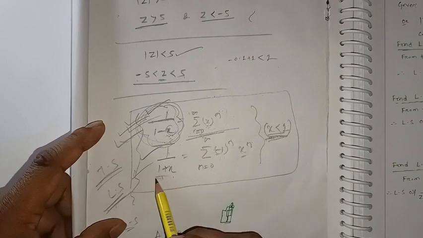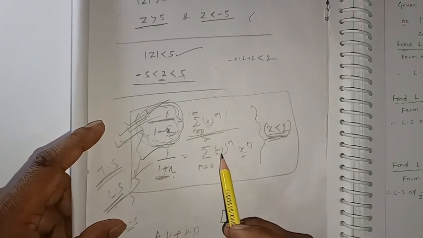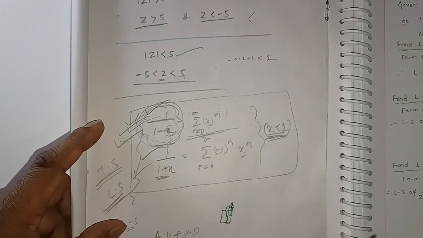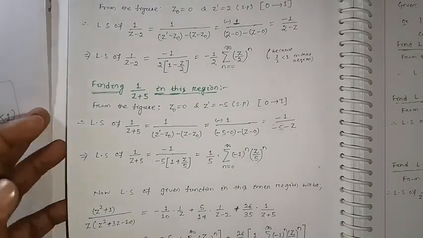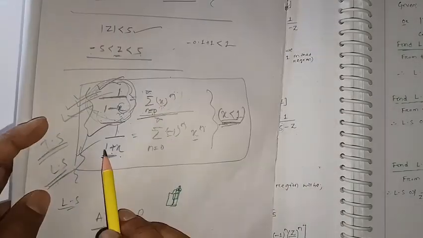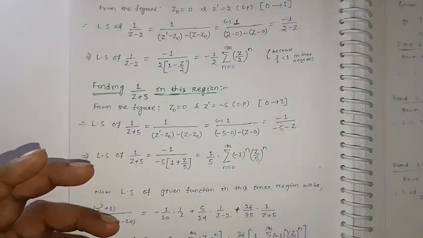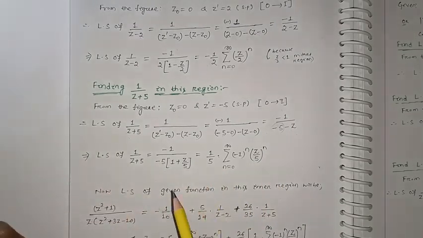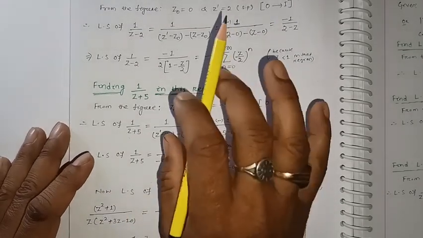Because 1 by 1 plus x gives minus 1 to the power n x to the power n, but instead of x here z by 5 is there. Why? Because z by 5 will always be less than 1 for this particular region.